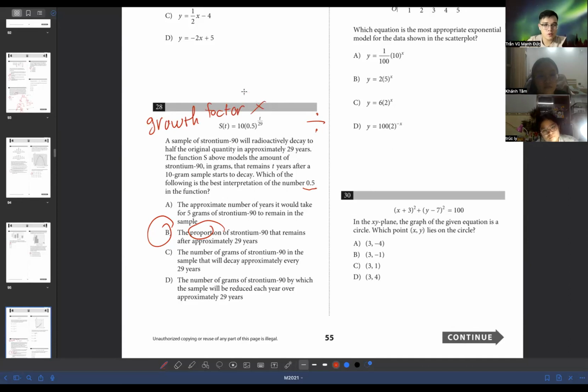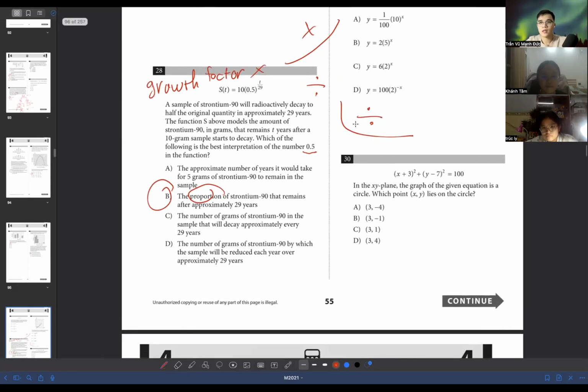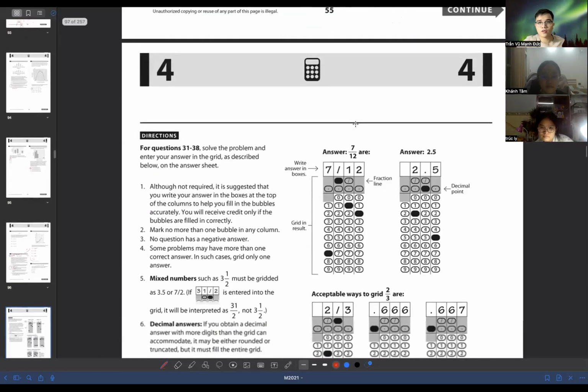But when it comes to the exponential, there are two ways, remember. Firstly is exponential growth, or exponential decay. This is the multiplication and this is the division. So yeah, proportion and growth factor. Remember these definitions. Great, very good.